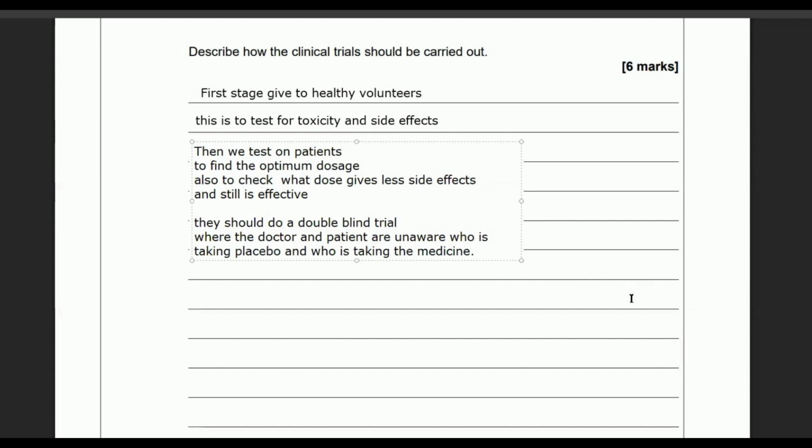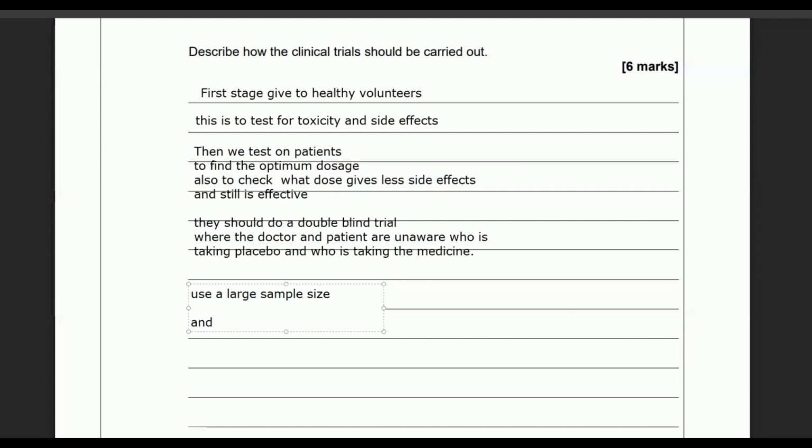And that should get us all the 6 marks. But what you could also add is use a large sample size and use repeats and calculate means. Repeats help you spot anomalies, so we could have put that as well. That's going to get you all the 6 marks.